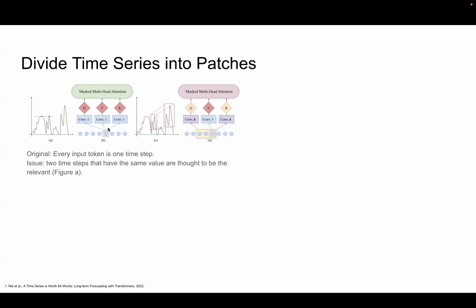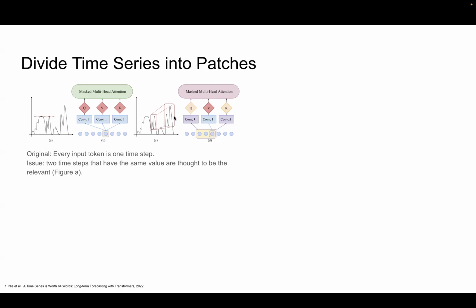So if we look at the figure from the left, each time step will be a separate token. And when we do the attention, it might think that the two time steps or two tokens are very similar if they have the same value.